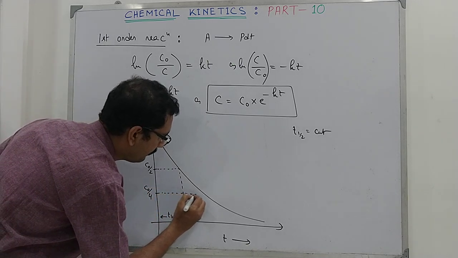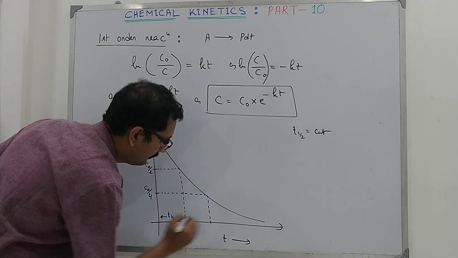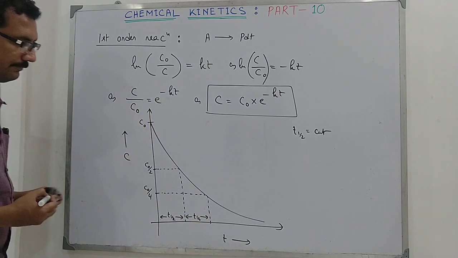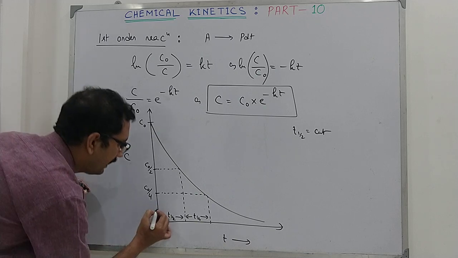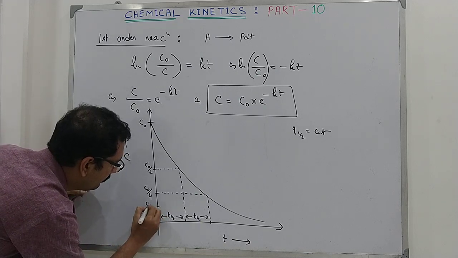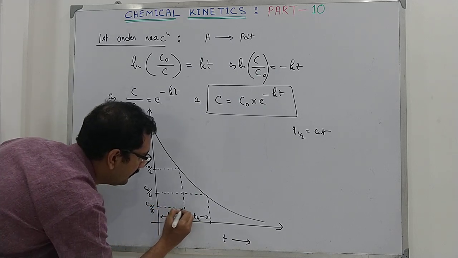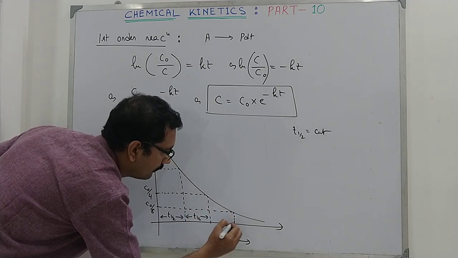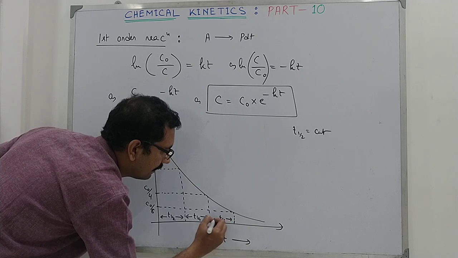Now you see from this graph, this is T half. Now for another term C0 by 8, this is another T half.